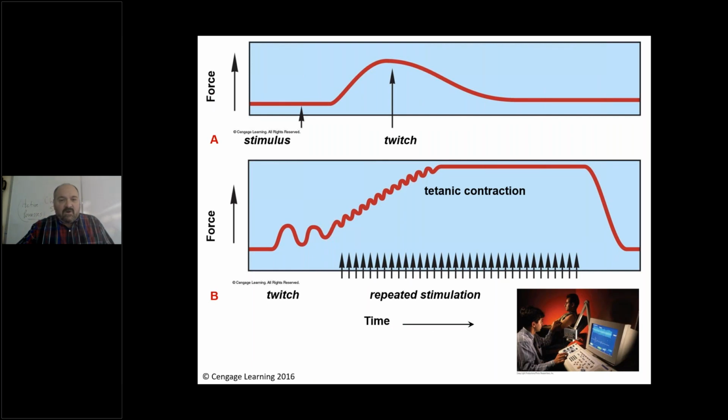I'm not going to require you to have an understanding past looking at this and seeing that a twitch is a very quick contraction. Tetanic contractions, or tetany, is when we have a sustained contraction that goes beyond just contracting to do a job or some type of activity. It's sustained, it's contracting, and it's not a healthy or a good thing.